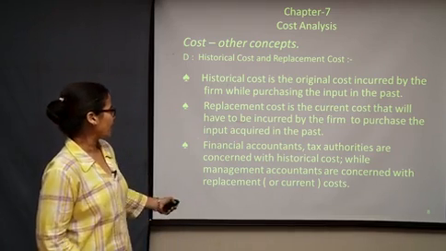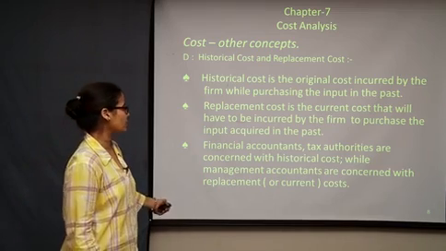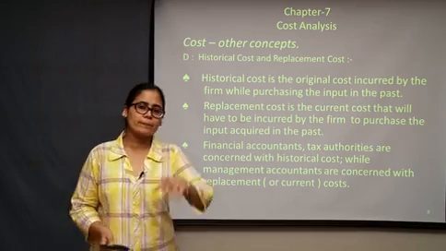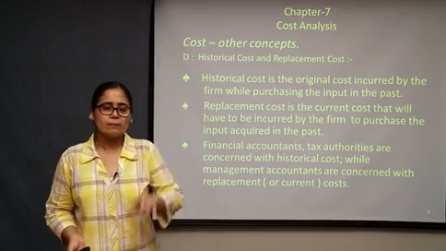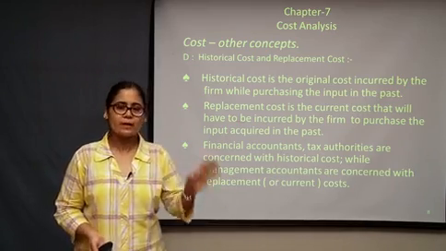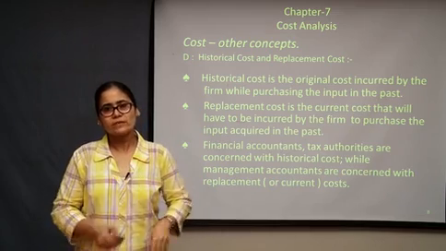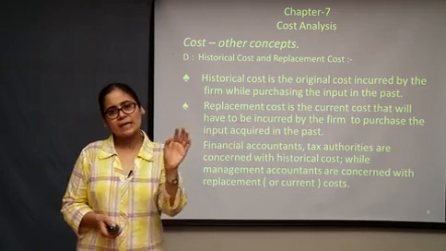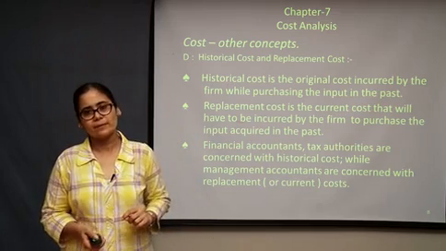It is found that the accountants, tax authorities, they are only taking the cost which is incurred. So when a company purchases a machine, the purchase price of the machine is already incurred. So the price at which they buy is already entered in the books of account, and then depreciation value will be taken.